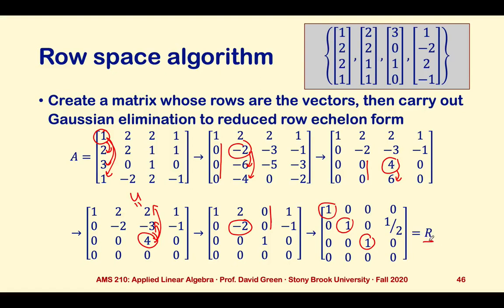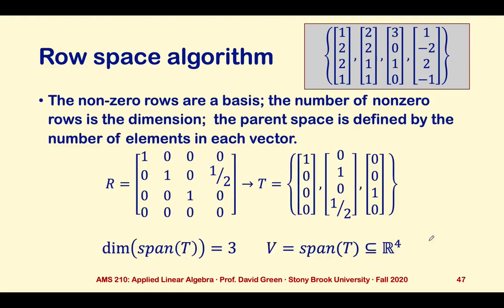And we are ready to pull out our zero-rich basis. The non-zero rows of this reduced row echelon form are a basis. Because we've gone all the way to the reduced row echelon form, each of these has many zeros.